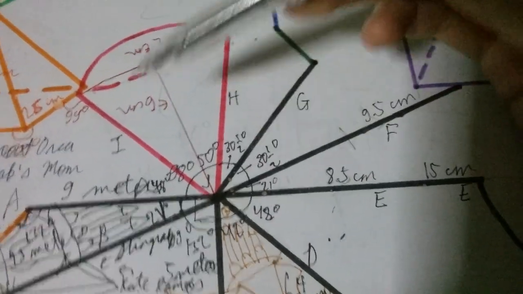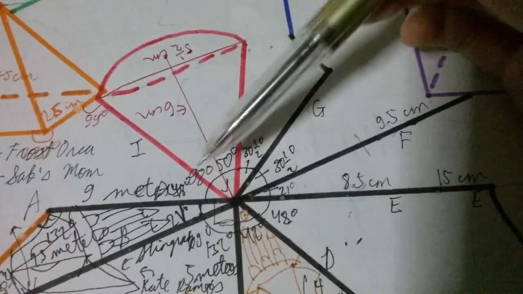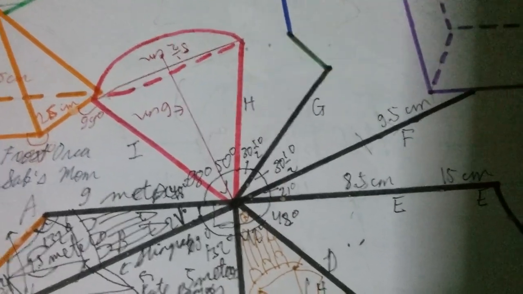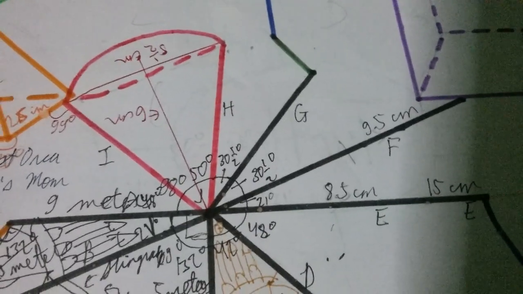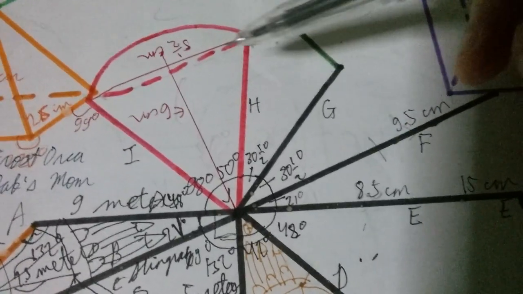Next, EJI. For angle EJI, remember, this angle measures 50 degrees, right? So 50 degrees plus 61 plus 21. We have 82, remember, 61 plus 21 is 82. Then 82 plus 50, that's 132 degrees.